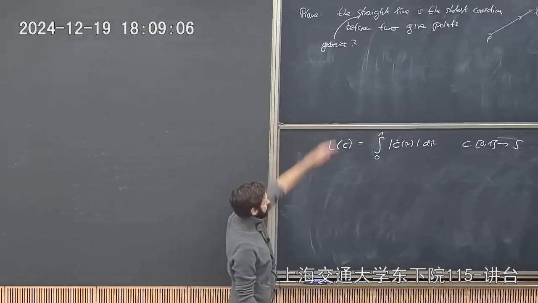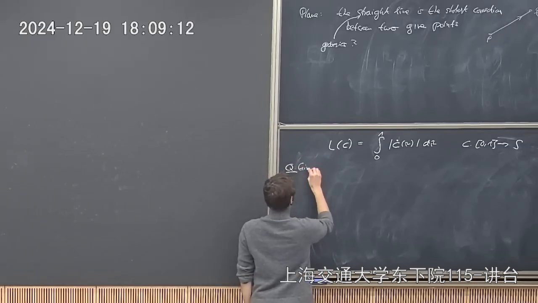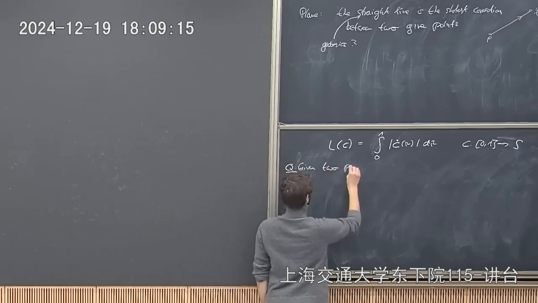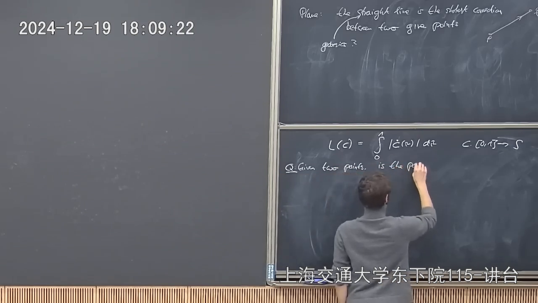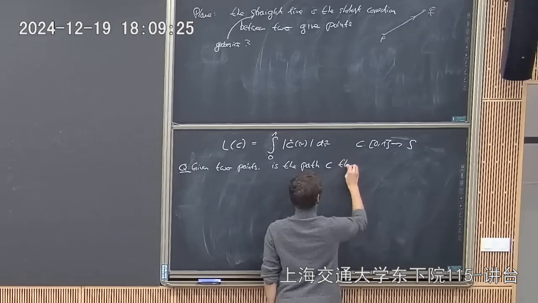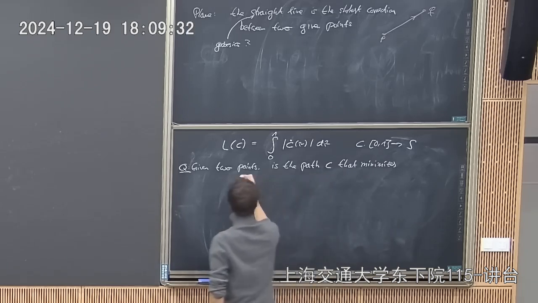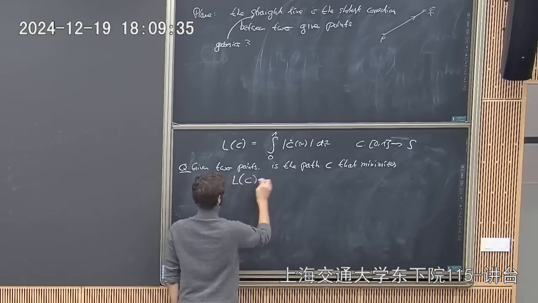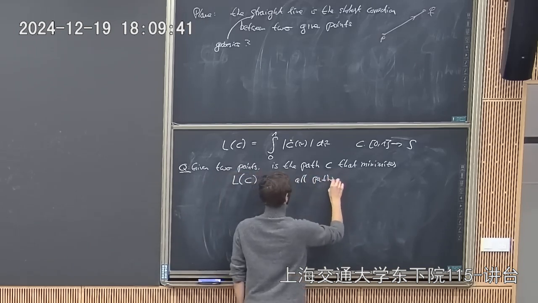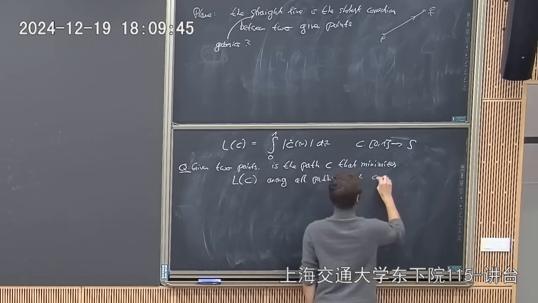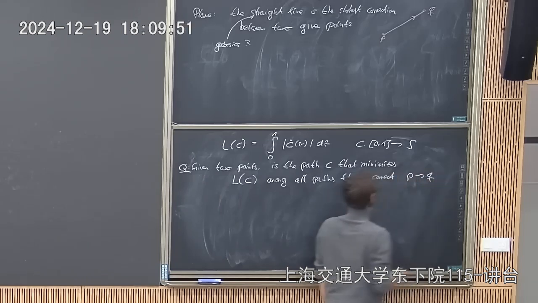And what would it mean that the shortest path between two points, given 2 points P and Q, is the path C that minimizes L of C among all paths that connect P to Q?